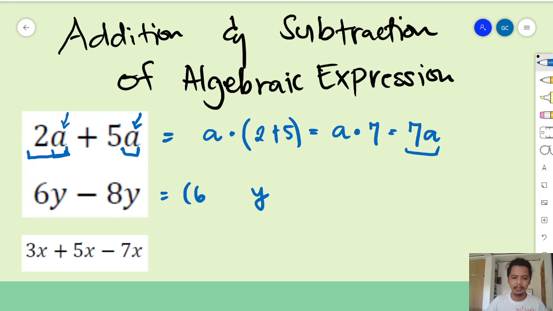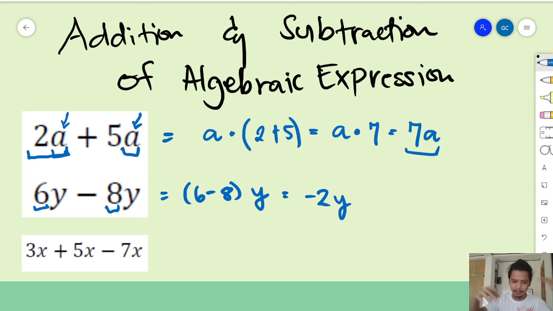Tapos ang gagawin mo na lang, you just need to operate with the said coefficients, yung ating 6 at saka yung 8. Since yan ay minus, minus din gagawin natin. So, we have there 6 minus 8. Sa mga nakakatanda pa ng basic na arithmetic, that is actually equal to negative 2. Then, you just need to rewrite y. So, we have there negative 2y.